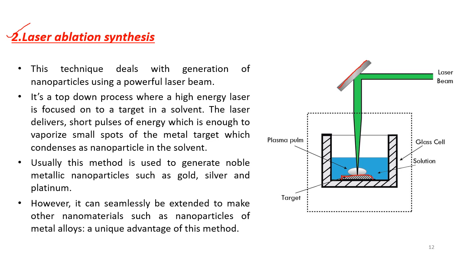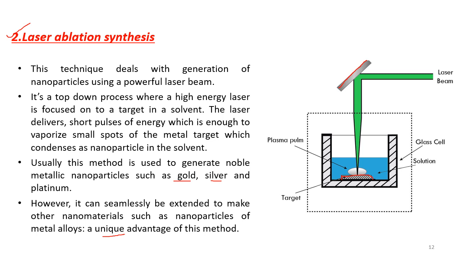The target material will be something like gold, silver or platinum, and this method can also be used for preparing metal alloys. That is one of the unique advantages of this method.